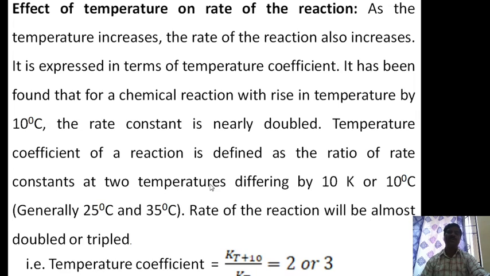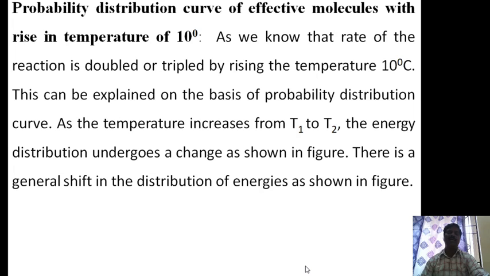Mathematically, we can write the temperature coefficient as K(T+10) divided by K(T), which is nearly 2 to 3, that is, the rate of the reaction doubles or triples.